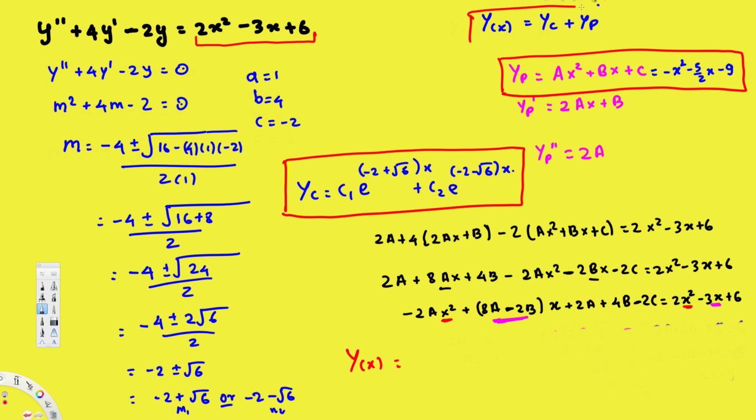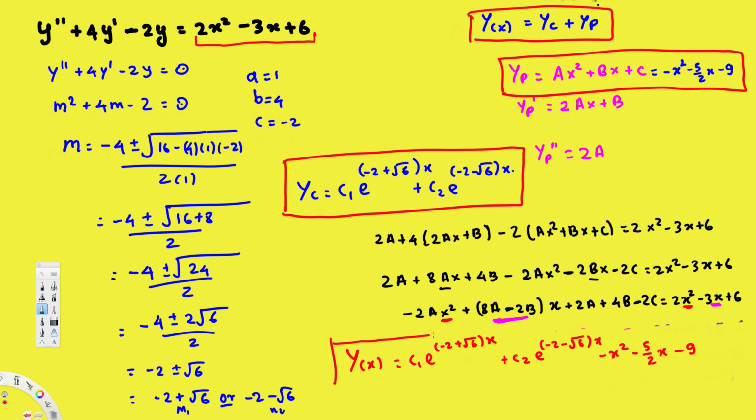This is our general solution equation, and yc is c1 e to the power negative 2 plus square root of 6 times x, plus c2 e to the power negative 2 minus square root of 6 times x. Then we add the particular solution, that is negative x squared minus 5 over 2 x minus 9, and that's going to be the general solution of this differential equation.